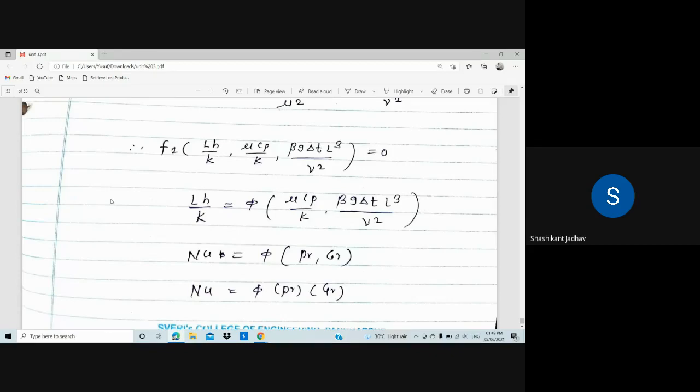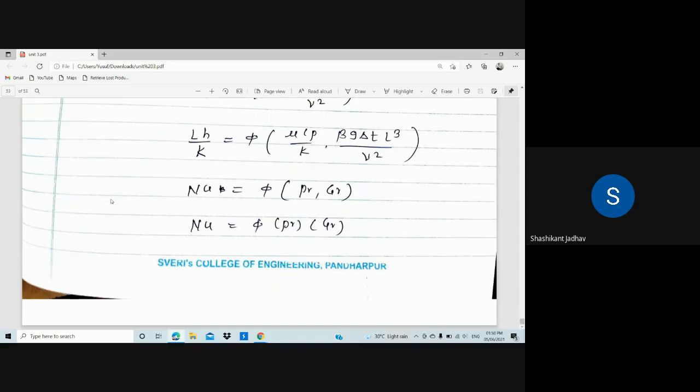If in the exam they ask you to write the dimensional analysis for natural convection, at that time we have to solve this derivation, and the final equation is Nusselt number is a function of Prandtl number into Grashof number.